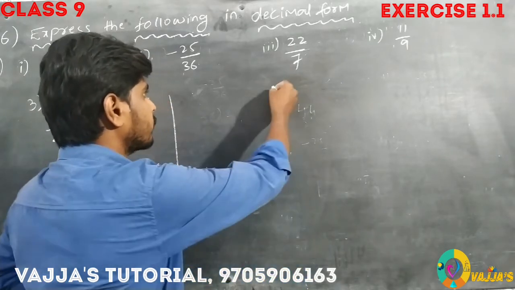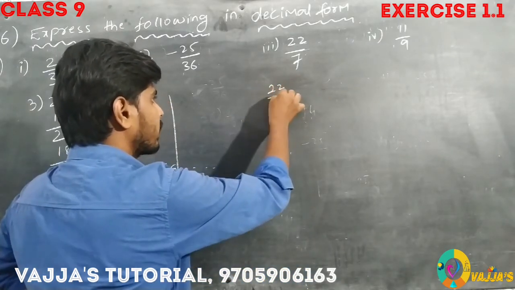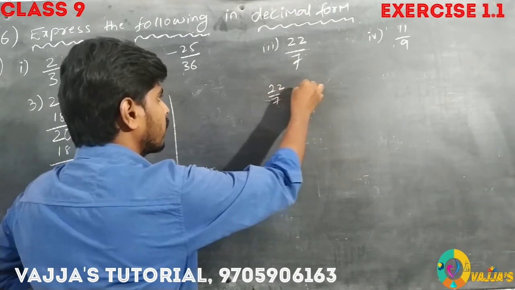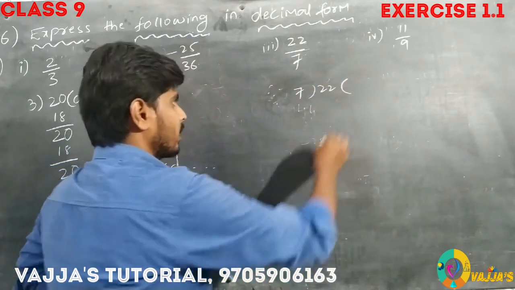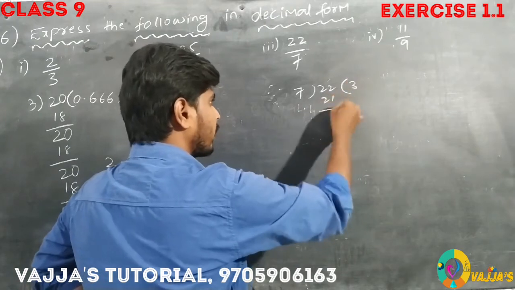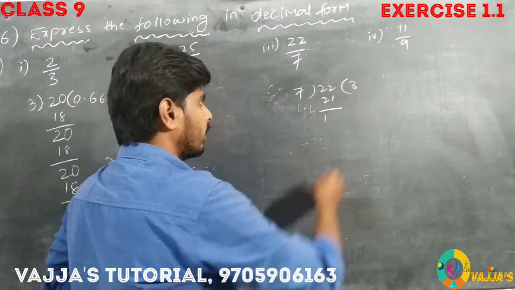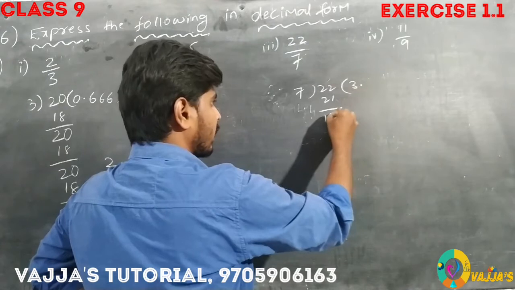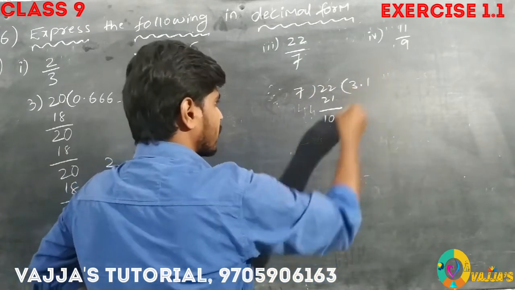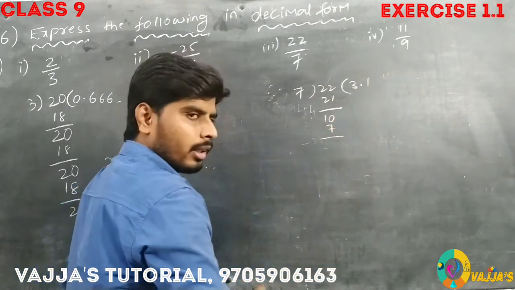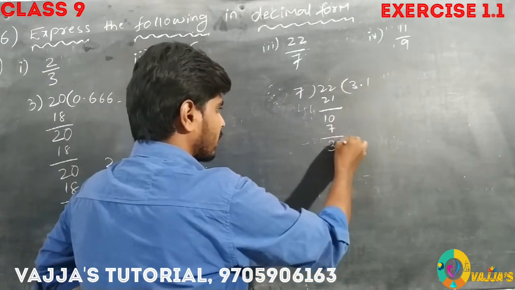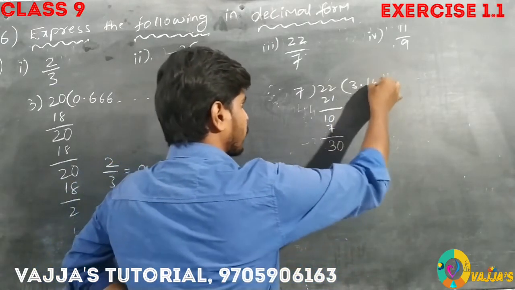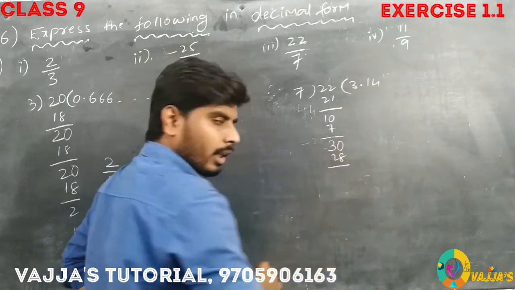Next, look at the third problem. 22 by 7 means 7 here and 22. 7 3s are 21, 1 remainder. Take a point here and 0 here. 7 1s are 7. Remainder is 3. Take 0 here. 7 4s are 28.